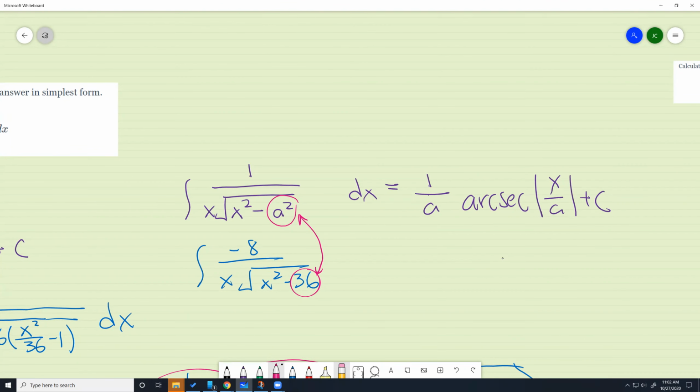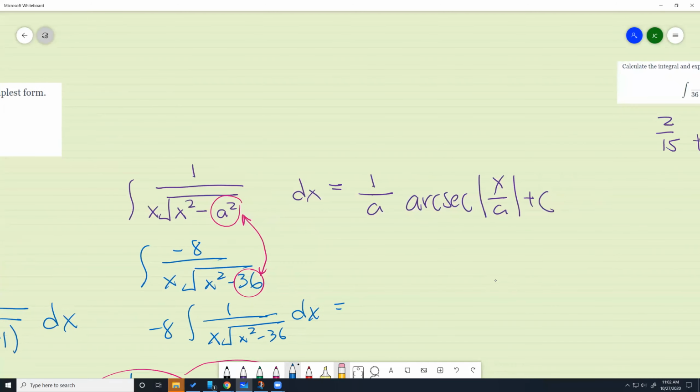The only thing you got to watch out for, we should rewrite this one more time. Factor out the -8 to make sure these two forms completely match up. There we go. And now you can say a equals 6 and plug it into what the integral should be. But -8 is on the outside the entire time. Watch out for that. Just remember a equals 6, put that in.